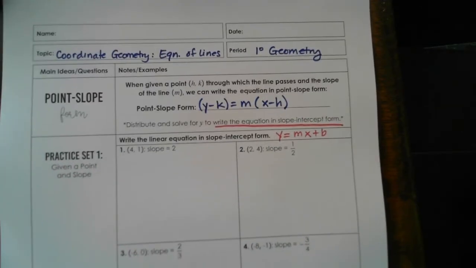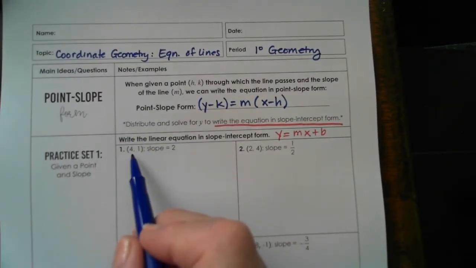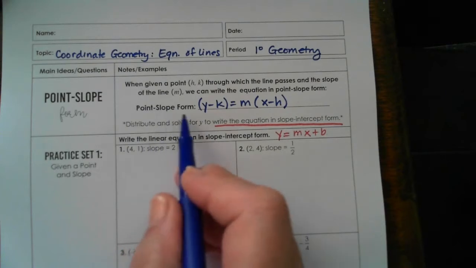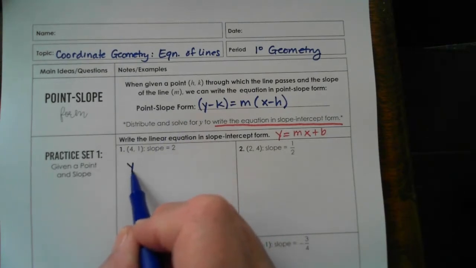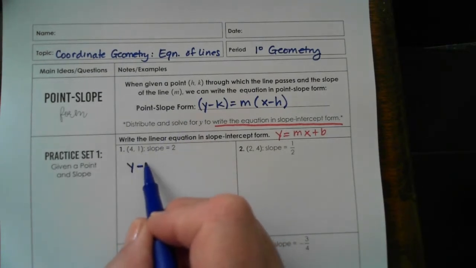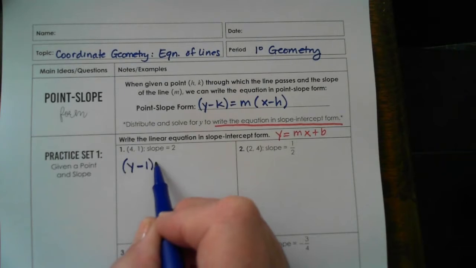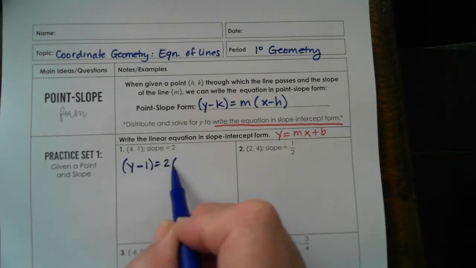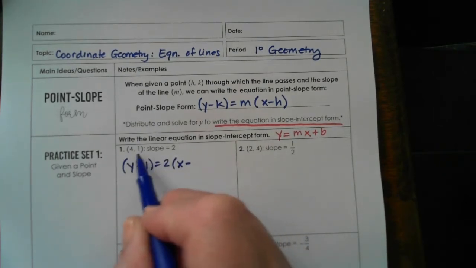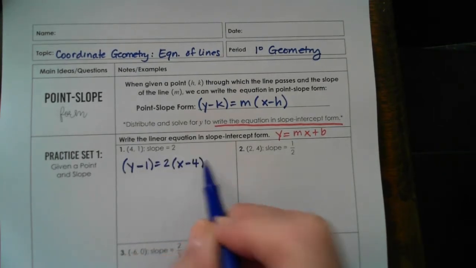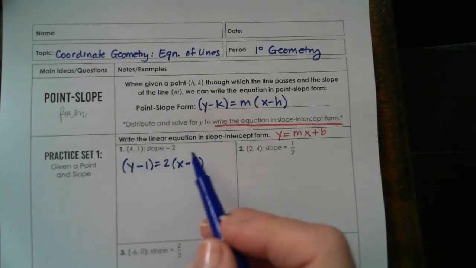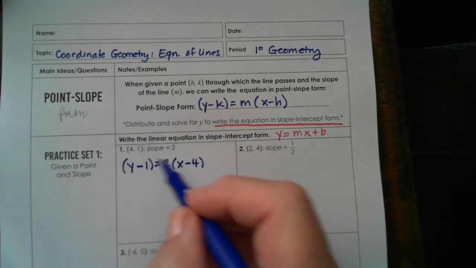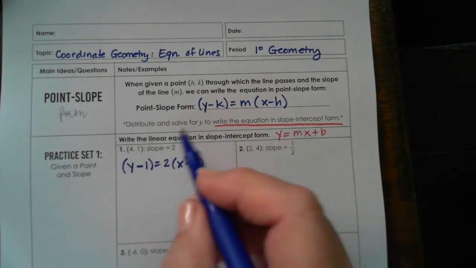So the first problem we're going to do together, problem number 1, we have a point and a slope, and we're going to use that format. It says y minus the y that is given, which is 1, equals the slope 2 times x minus the x that was given, which is 4. We've written it in point-slope form, but we need to solve for y to write it in slope-intercept form.